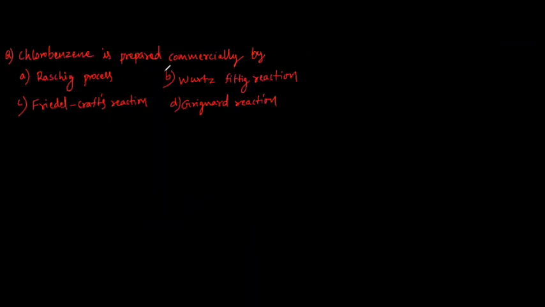Chlorobenzene is prepared commercially by which of the four named reactions: Raschig process, Wurtz-Fittig reaction, Friedel-Crafts reaction, Grignard reaction. We know that the Grignard reaction is used for the preparation of alcohols.